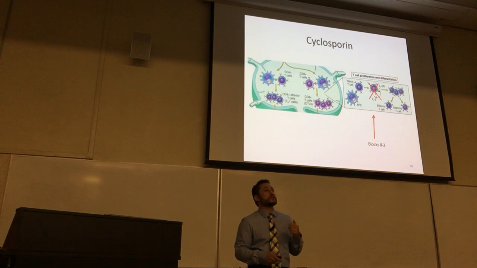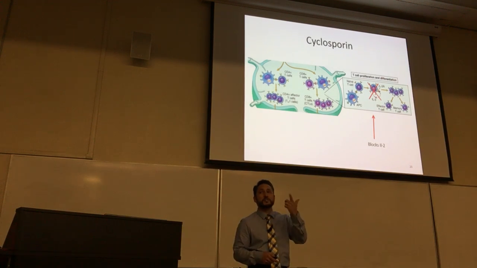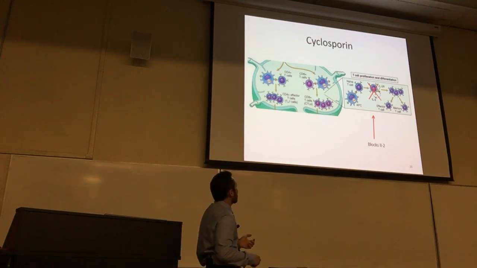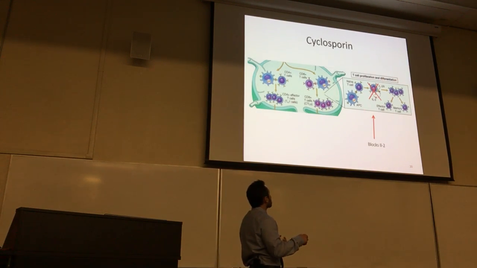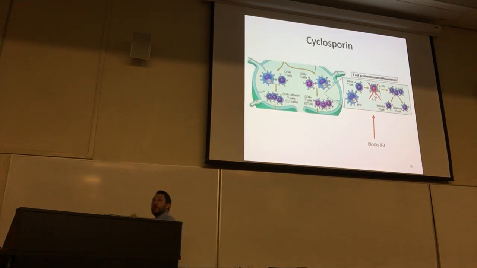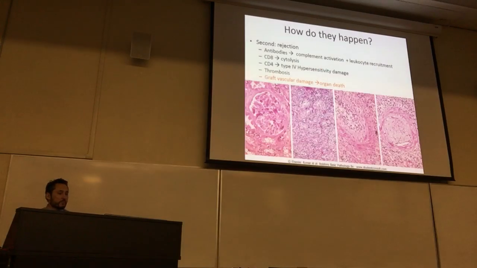Well, those patients will reject that donor tissue unless you use immunosuppressant therapy. One of the classic ones is known as cyclosporin. Cyclosporin blocks interleukin-2 and prevents the host from harboring a rejection response against the donor tissue. But if you don't give cyclosporin, what happens?